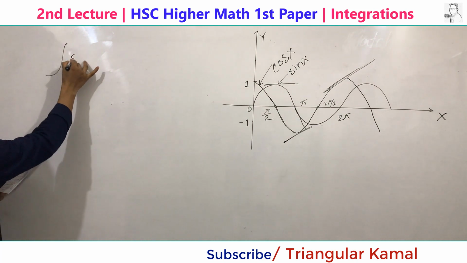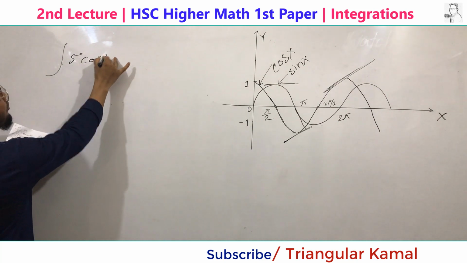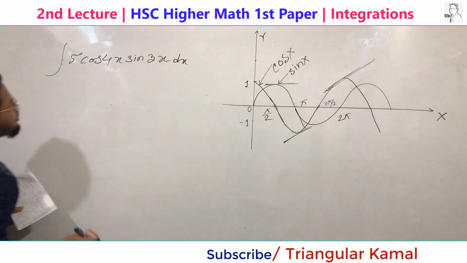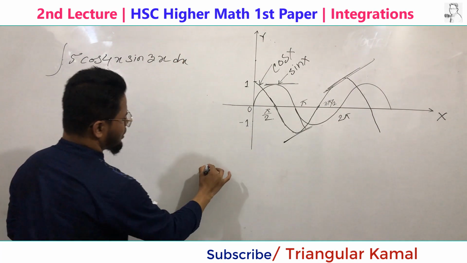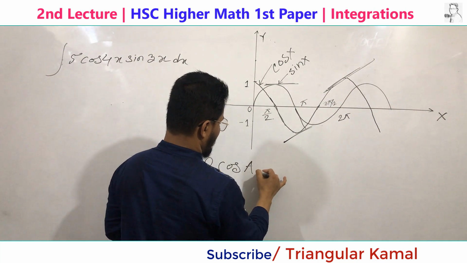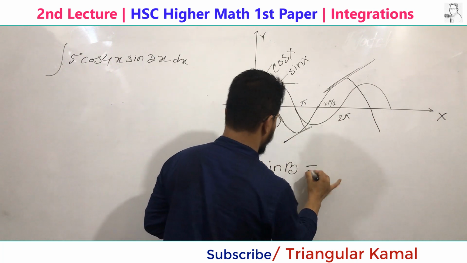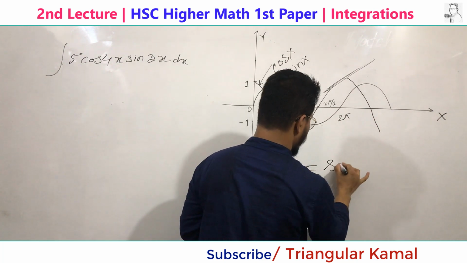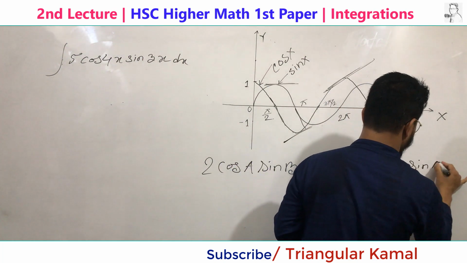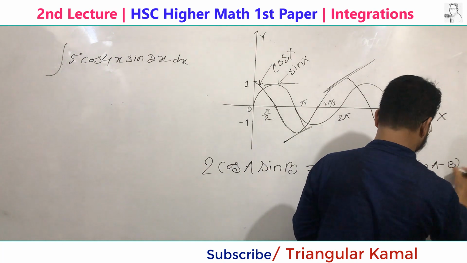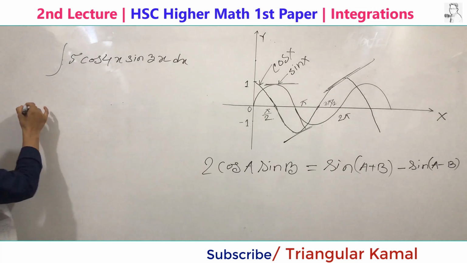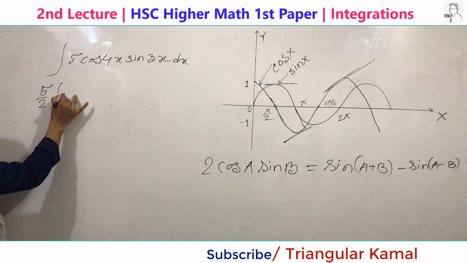This is integration of 5 times of cos of 4x sine 3 times of x dx. We know the formula: twice cos A sine B equals sine A plus B minus sine A minus B. But there is no 2, so convert this 5 as 5 by 2, then multiply.